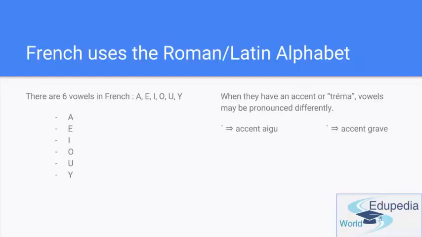So I repeat, accent grave. Then we have accent circonflexe, which looks like a little hat that you can put on vowels. And then we have the 2 dots, which are called tréma. In the following lecture, we will see in detail how they're used and how they change the pronunciation of letters.